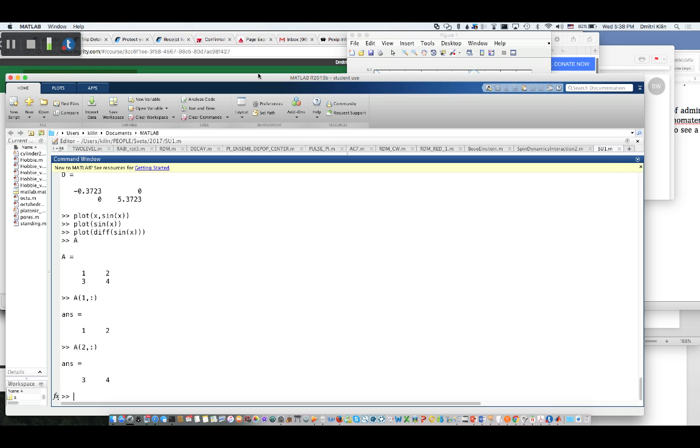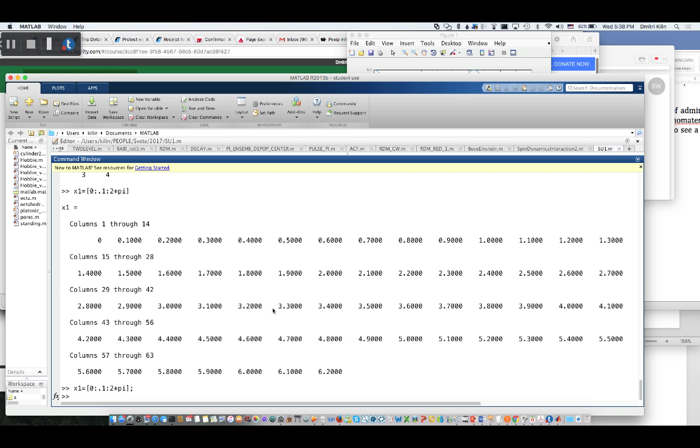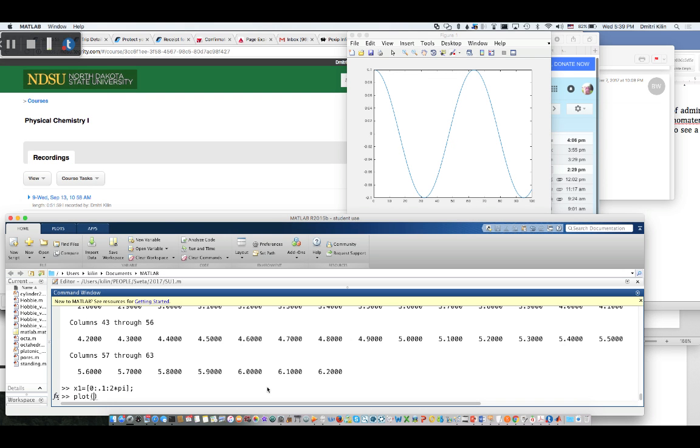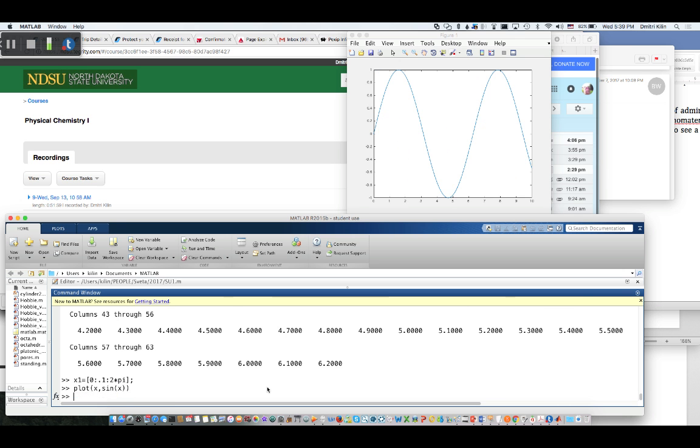So if we do this little experiment. When we defined x from 0 to 10, it does more than one full cycle.